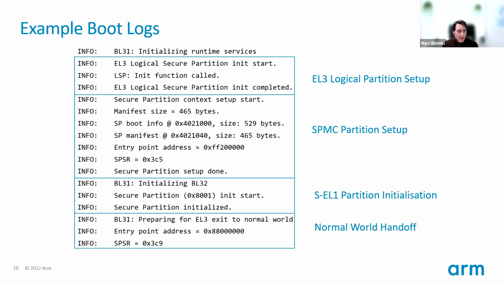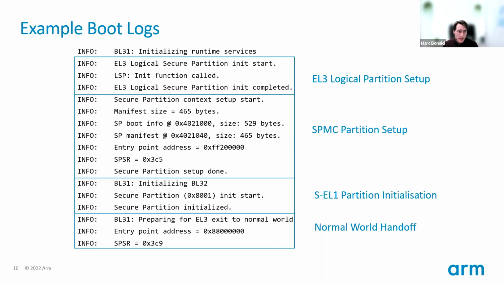Finally, just a quick example of what some boot logs would look like when things are up and running. As can be seen, the first section here is the SPMC calling into a logical EL3 partition and allowing it to do any initialization it may require. It then moves on to preparing the SEL1 SP environment.